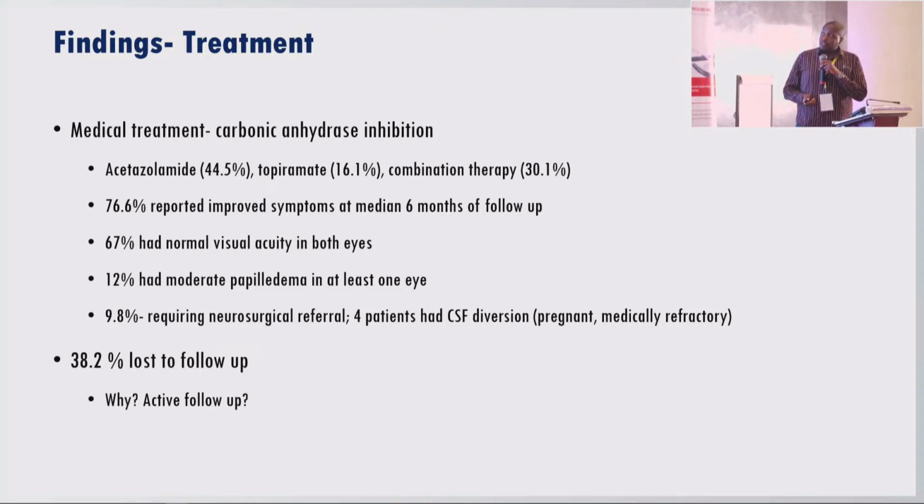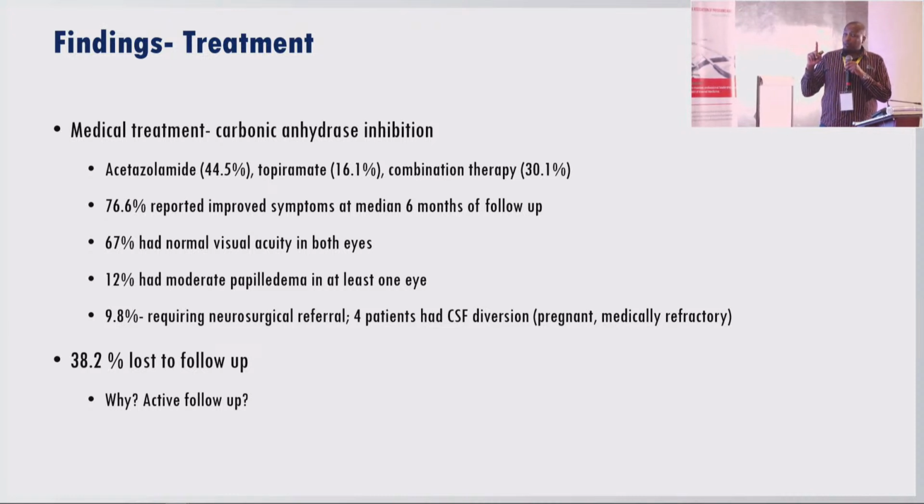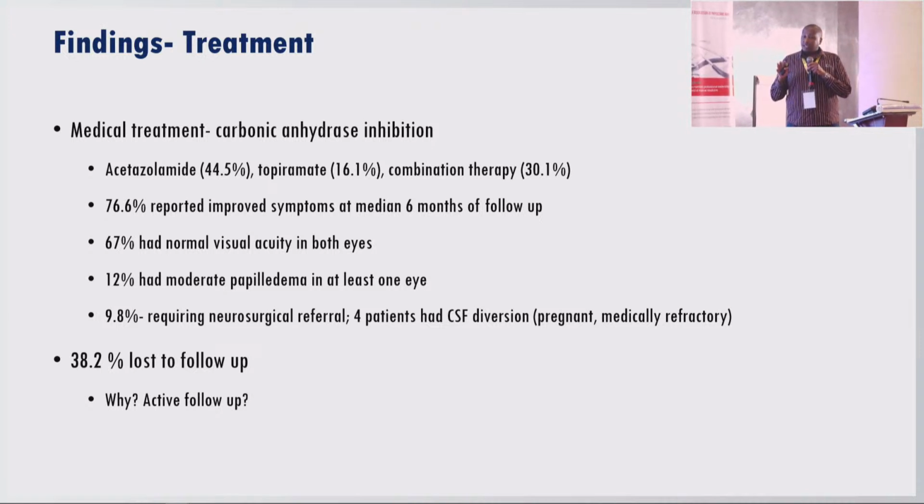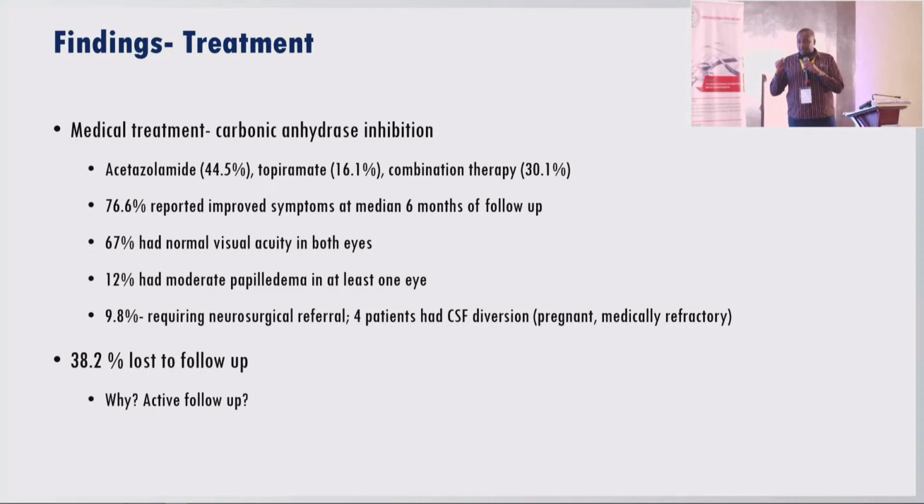So in terms of treatment, if you remember the pathophysiology slide, I had pointed out that one of the prominent theories is your sodium-potassium pump on the apical membrane of the CSF production cells.